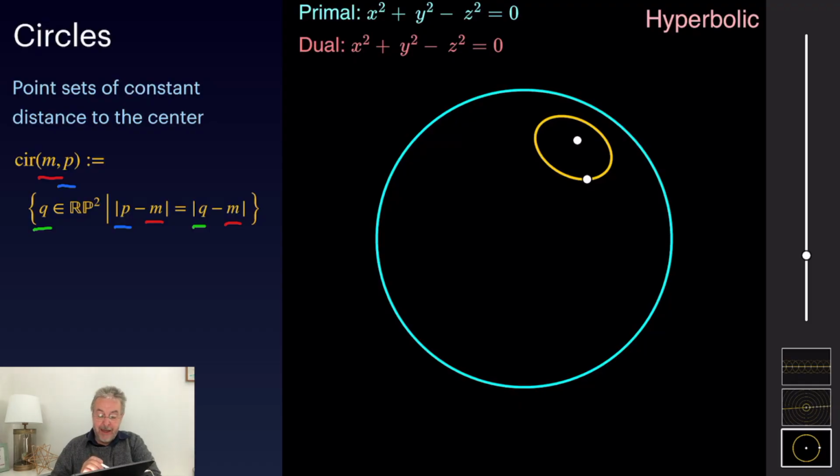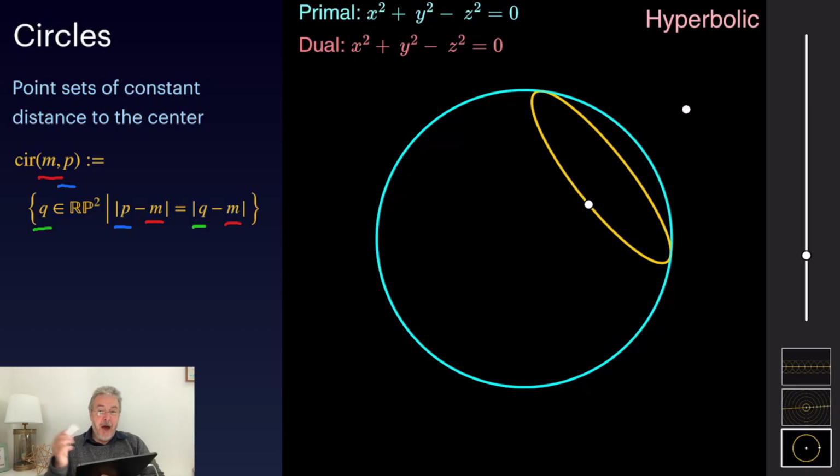What's happening next? Let me, as a next situation, move my center of the circle outside the fundamental object. And let's see what happens. And you see what happens is this here. And you may wonder what that picture here means. Well, it's just the algebraic solution to what I just explained to you.